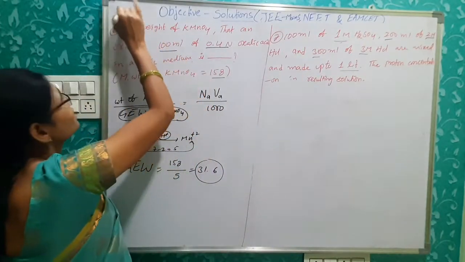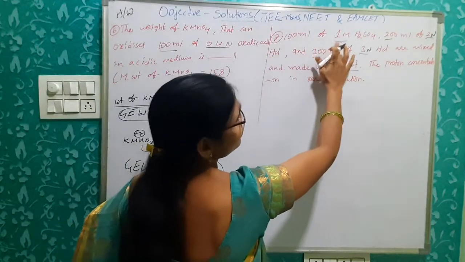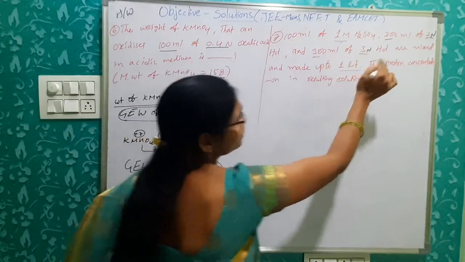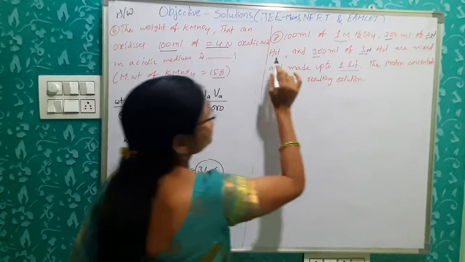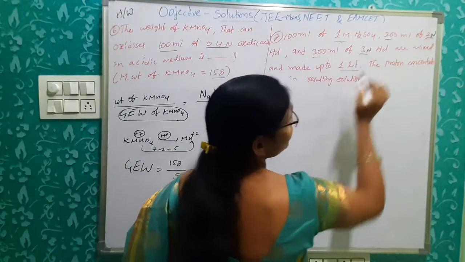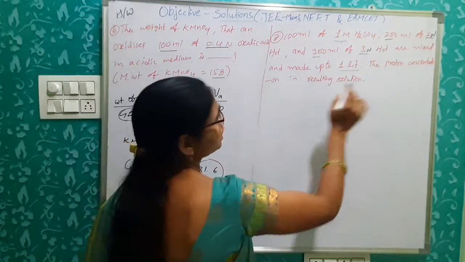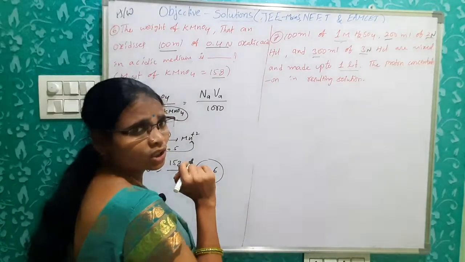So this is homework. Next problem: 100 ml of 1 molarity H2SO4, 200 ml of 2 normality HCl, 300 ml of 3 normality HCl are mixed and made up to 1 liter. Then find the proton concentration in the resulting solution.